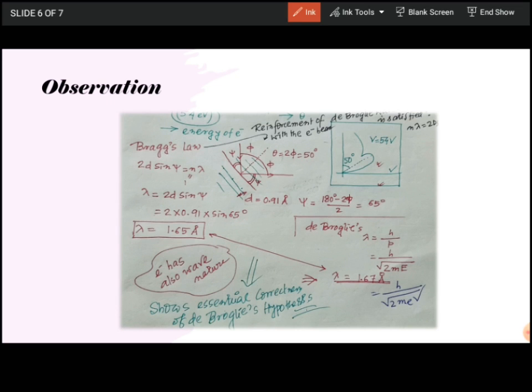The beam makes an angle psi with the normal to the set of planes. Then, according to Bragg's law, there will be reinforcement of the de Broglie wave associated with the electron beam if the following condition is satisfied: 2d sin psi equals n lambda, which is known as Bragg's law.